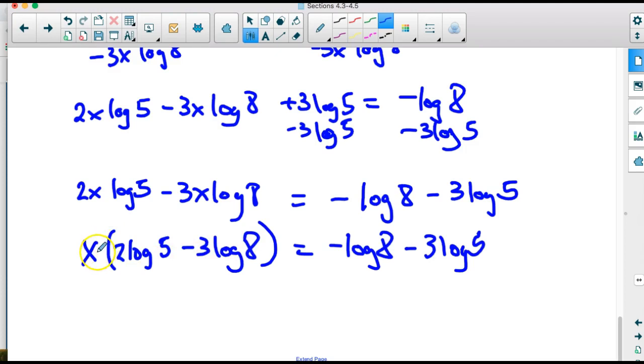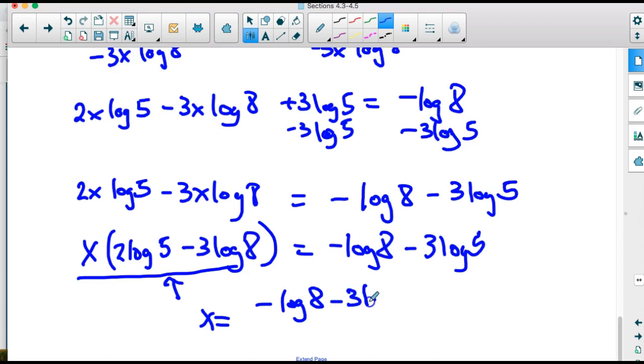This is some number times x. So we can divide by that number. We're going to divide by this value and get x equals negative log 8 minus 3 log 5 divided by the whole thing of 2 log 5 minus 3 log 8.